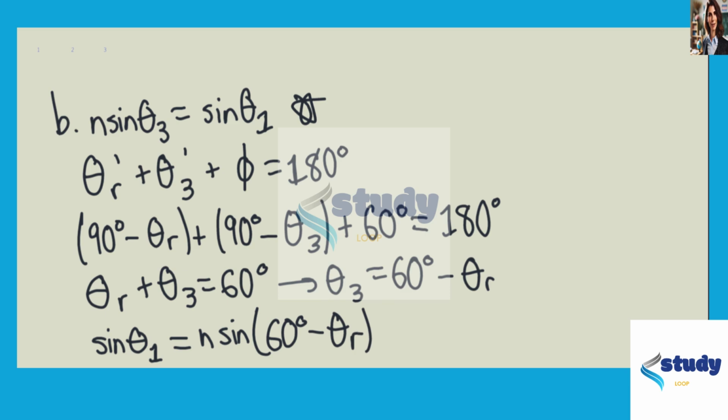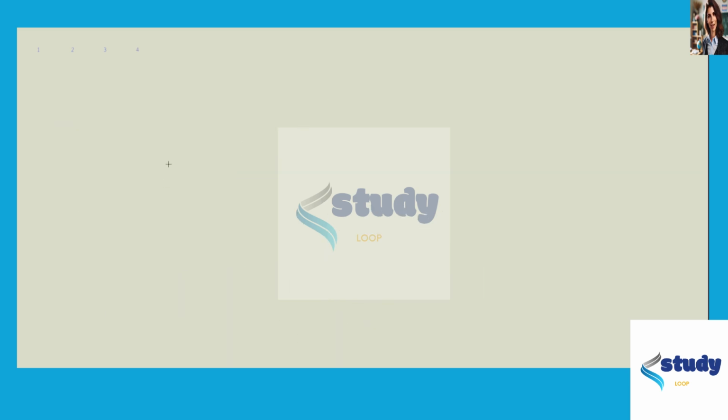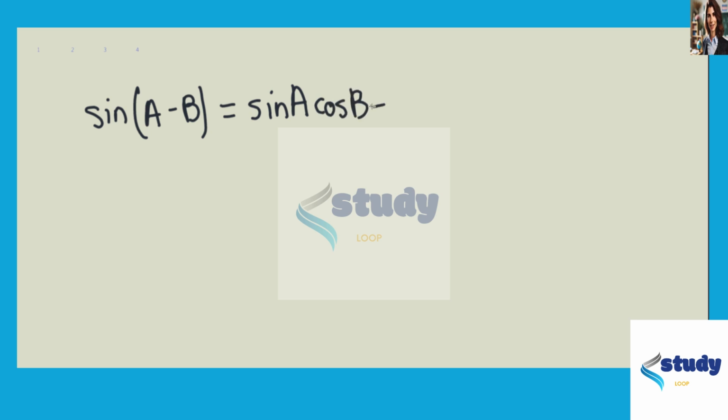And we're going to use a trigonometric identity. We know that sine of a minus b will equal sine of a cosine of b minus cosine of a sine of b. This is simply a trigonometric identity.